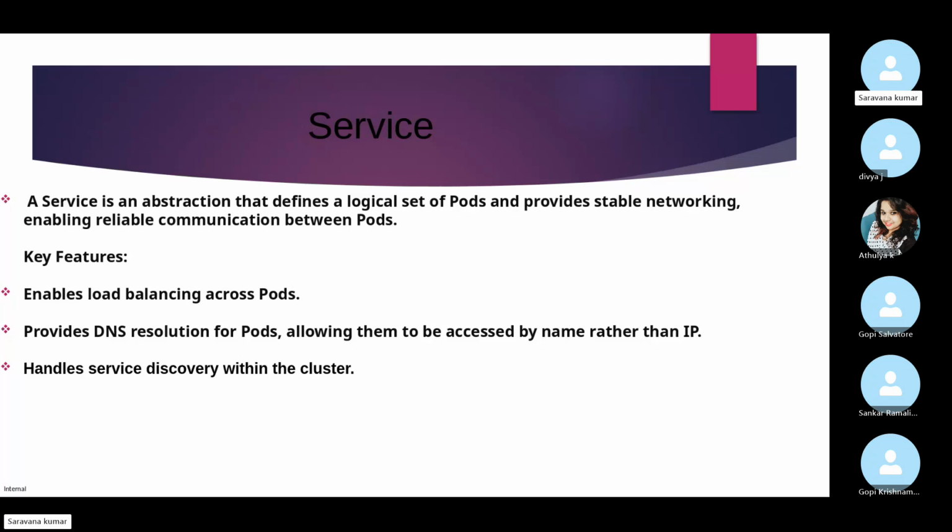Also, the DNS resolution is very important. Between the pods, there are cases where you have pod 1 running in node 1, pod 2 running in node 2, and they want to communicate with each other. To communicate with each other, we create a service on top, and then they talk to each other by means of the DNS name. The DNS name is nothing but, you type google.com. You can actually type the IP address of google.com as well, but you type google.com because it is human readable.